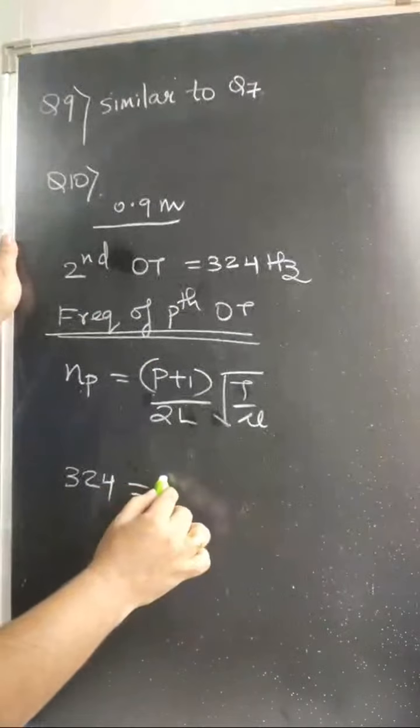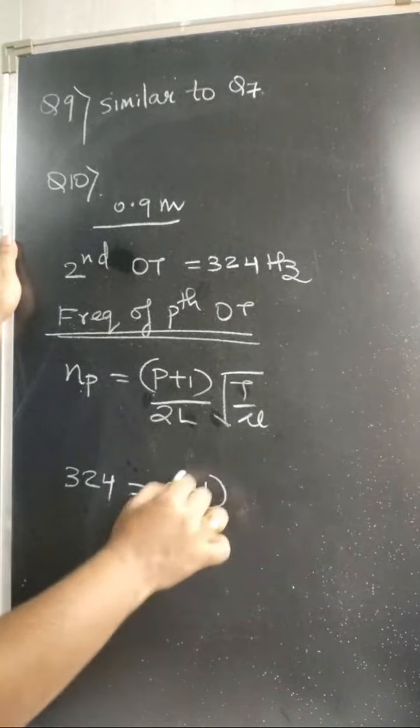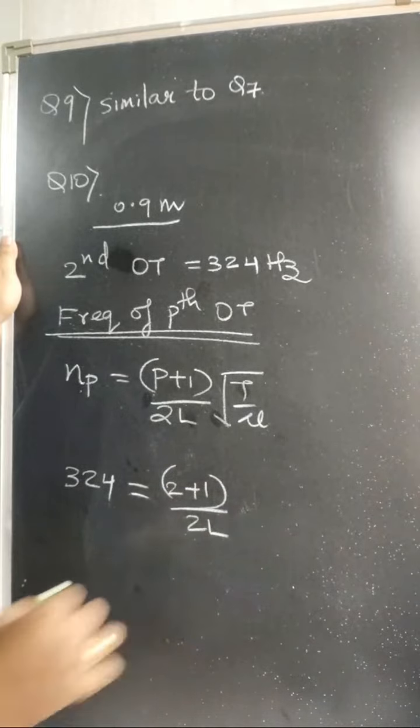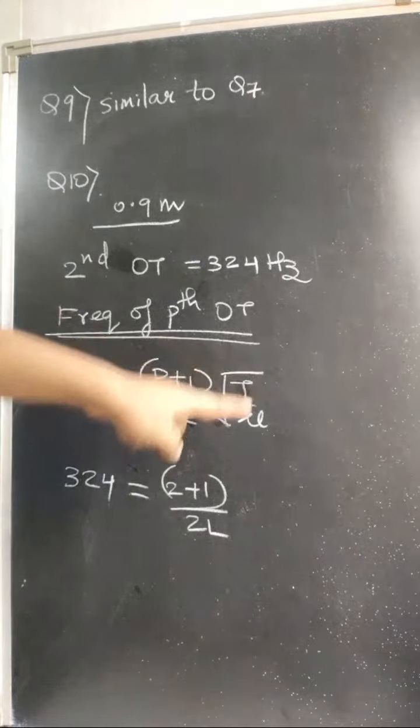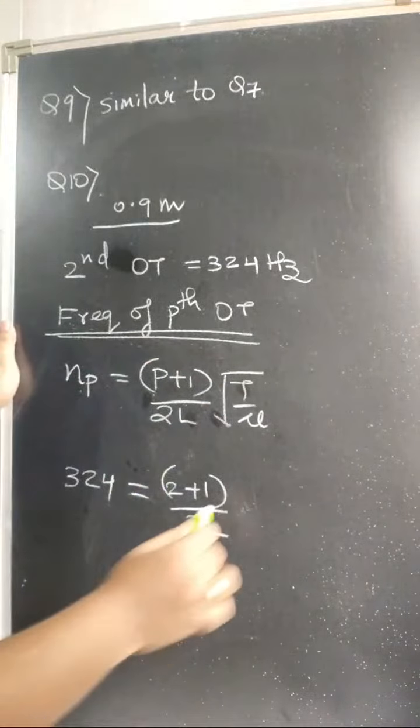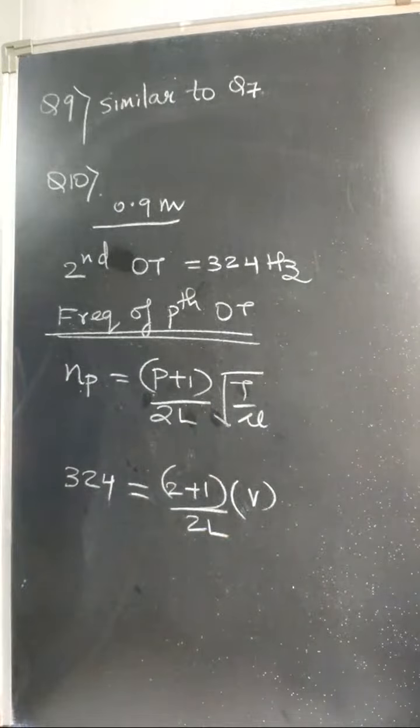Overtone is second overtone, so 2 plus 1 upon 2L, and root of T by mu is nothing but velocity.